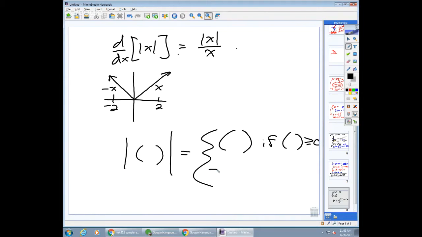It's equal to the opposite of whatever was inside if whatever was inside happened to be less than 0. So you have to break it into positive and negative cases. If it's a function that's periodic, which forever changes sign, you have to generalize those cases, and it takes a while to do. It's not that we can't do it, we just don't have enough time today.